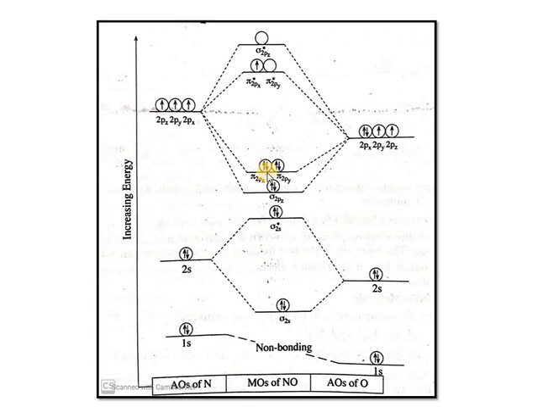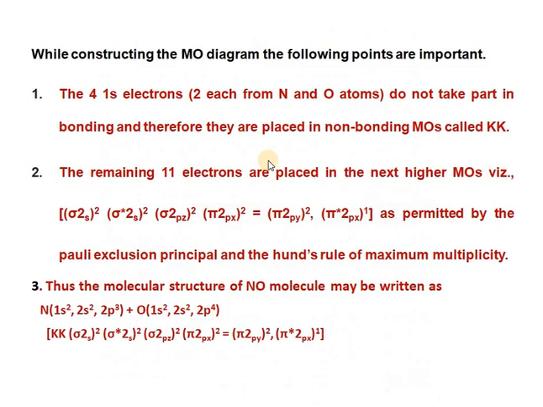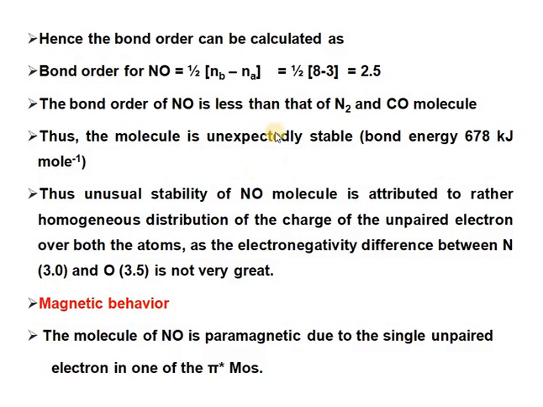So a total of 8 electrons are in bonding molecular orbitals, and this 2 and 1 make 3 electrons in antibonding molecular orbitals. Now we can calculate the bond order for the nitric oxide molecule: one half of 8 minus 3 is equal to 2.5.